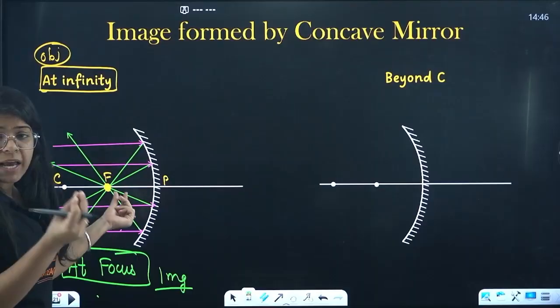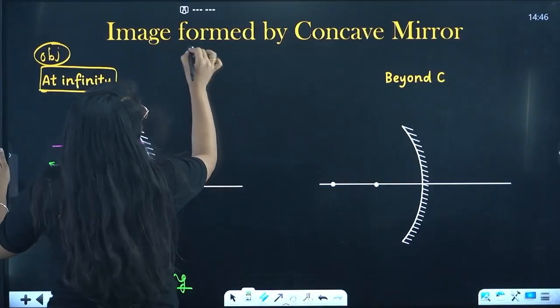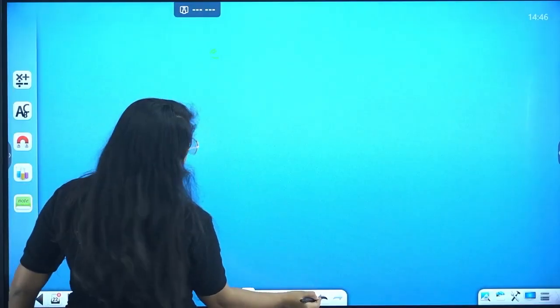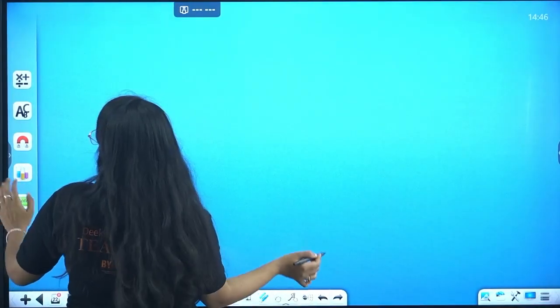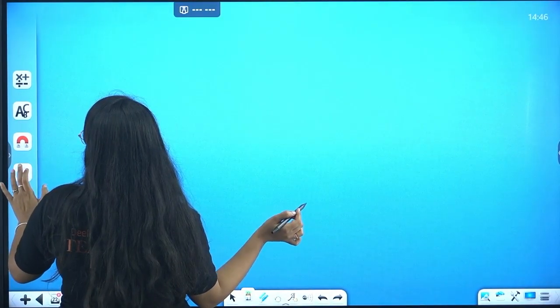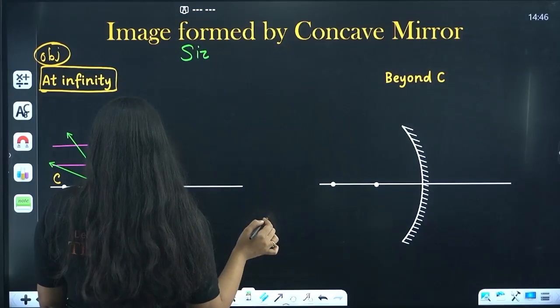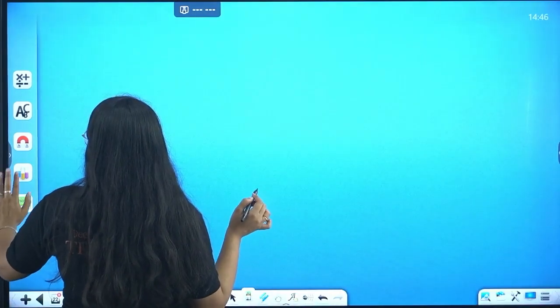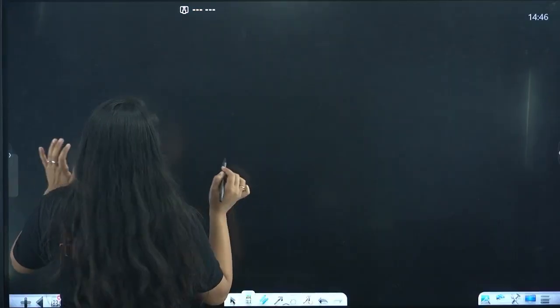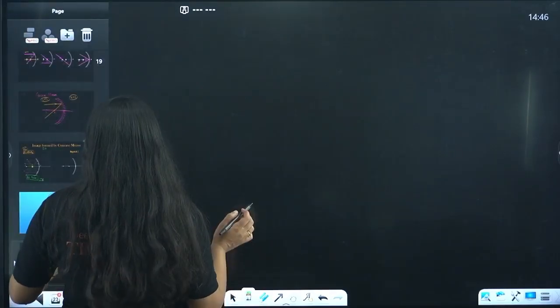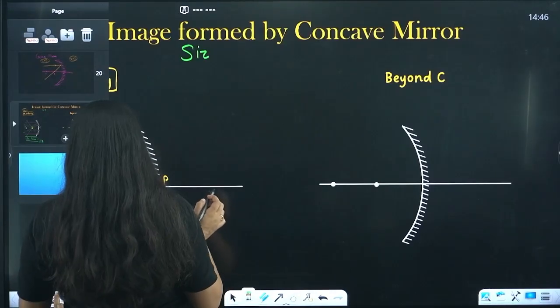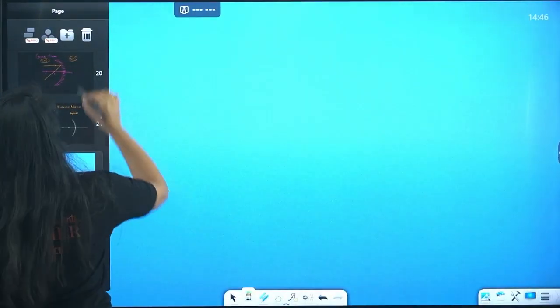Next, beta, remember, this is a small sized image. So we have to write the size of the image. Sorry for that, let me delete this.